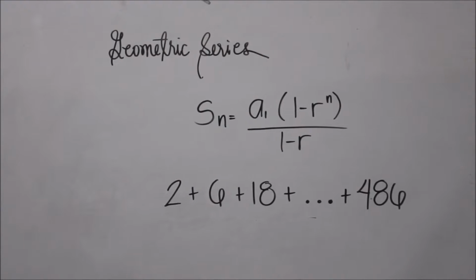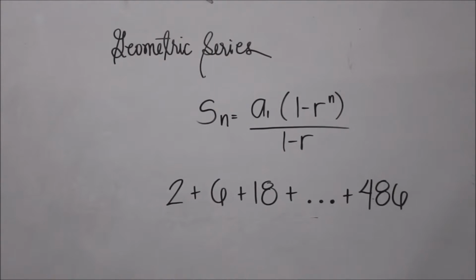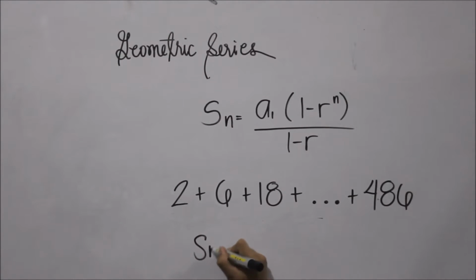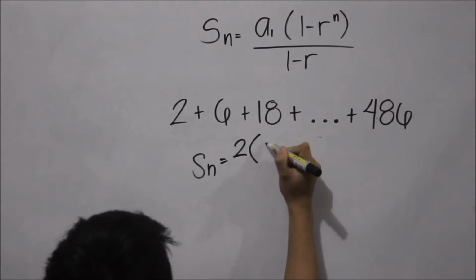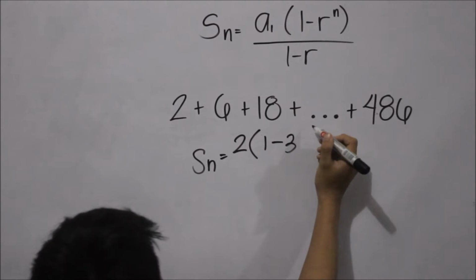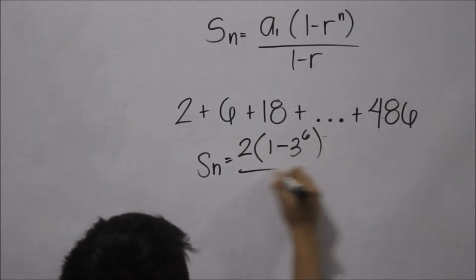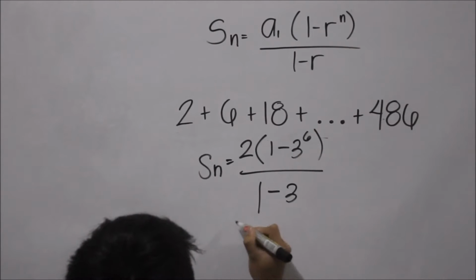So now that we have obtained the value of n, we can substitute it to the formula. So S sub n is equal to a sub 1, which is the first term, 2, multiplied by 1 minus r, or the common ratio 3, raised to n, or the number of terms, which is 6, over 1 minus the common ratio of 3.